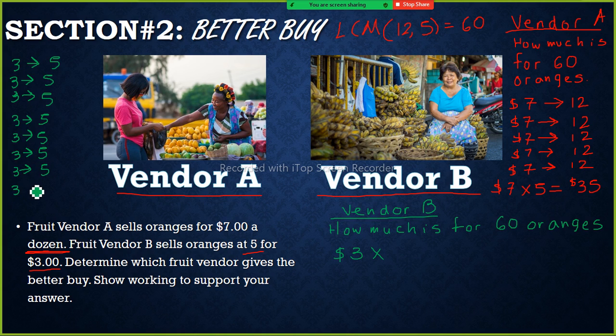Another $3, 40. Another $3, 45. Another $3, 50. Another $3, 55. Another $3, that's gonna give us 60. How many times did we have to do that? 1, 2, 3, 4, 5, 6, 7, 8, 9, 10, 11, and 12. So it's 3 times 12, which is gonna be what? What is 3 times 12?